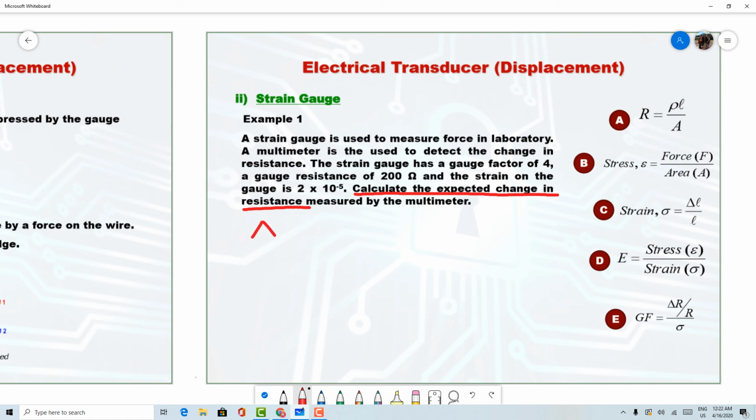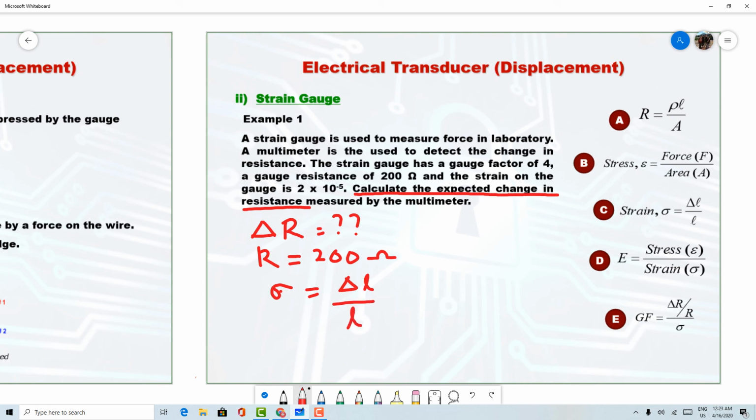So you have to calculate what the delta R is. R is given: the original R is about 200 ohm, right? And the strain is also given. Strain, sigma, is equal to delta L over L, right?